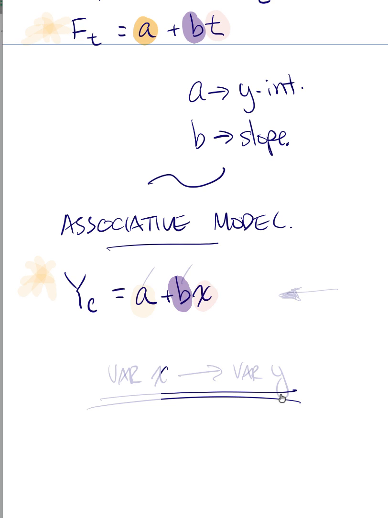B is still the slope. A is still the y-intercept. The only difference here is that in time series we're dealing with time. In the associative model, we are dealing with a variable. We're saying that there's a relationship between the variable x that causes an impact on variable y.